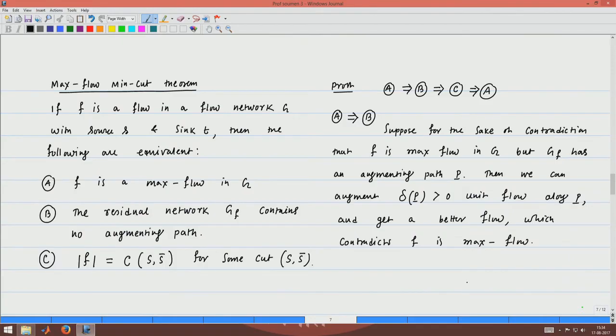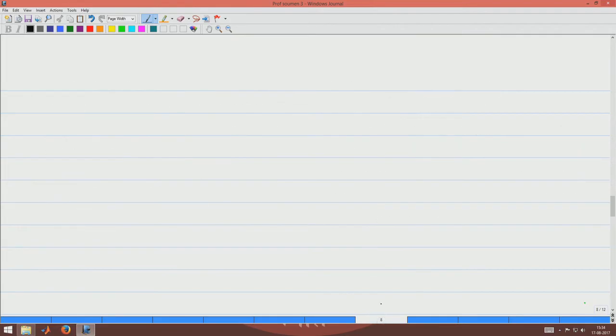Now, we will prove B implies C. Let us move to the next page.